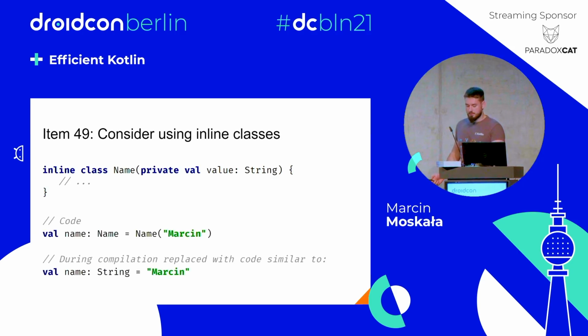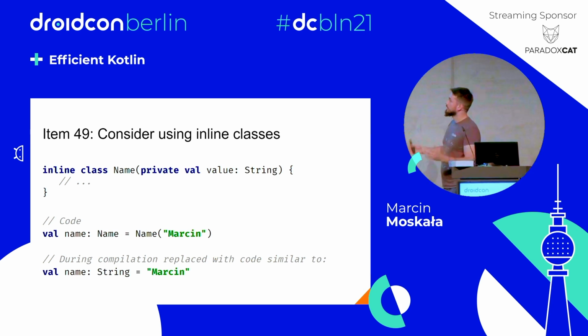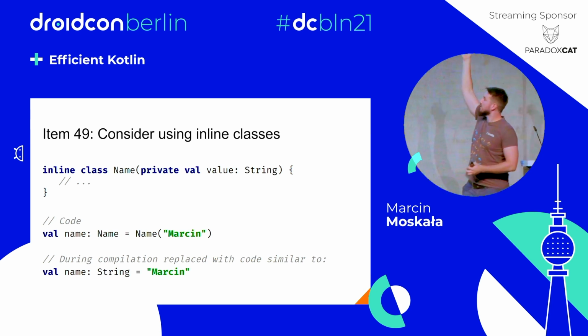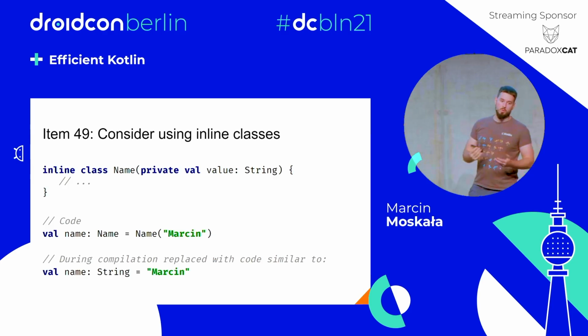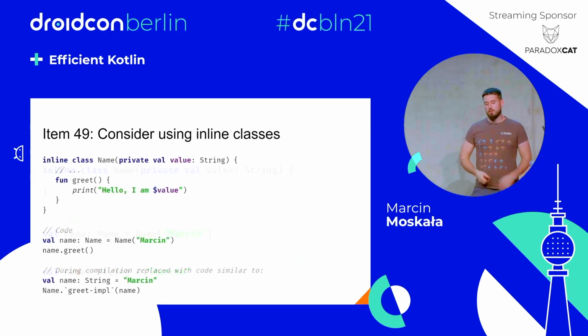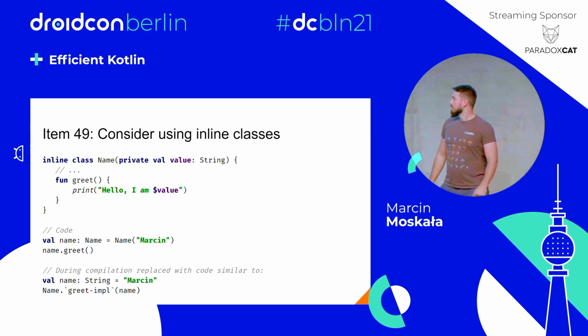What it means that a class is inline is that during the compilation, the class will vanish. So this class needs to wrap over one value, so that during the compilation, it is replaced with this one value. So you might ask, but what happens to its methods? And the answer is that all the methods are inline as well.